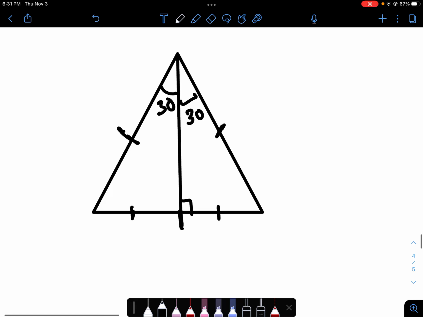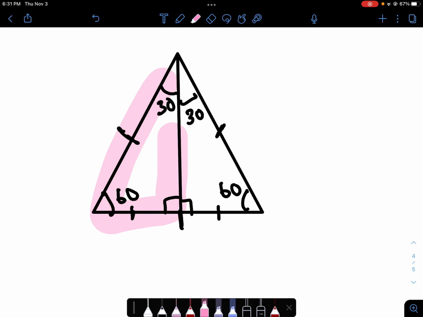So that means 180 minus 90 is 90, and then 90 minus 30 is 60. So this last angle is 60. And this is something that's called a special right triangle, and you can use that to find the legs.